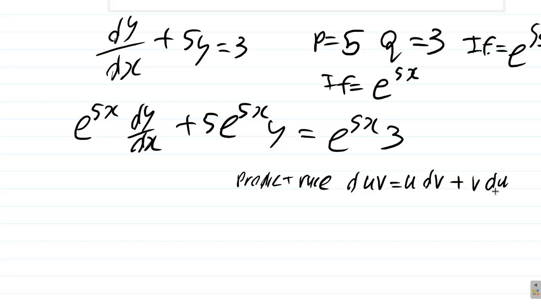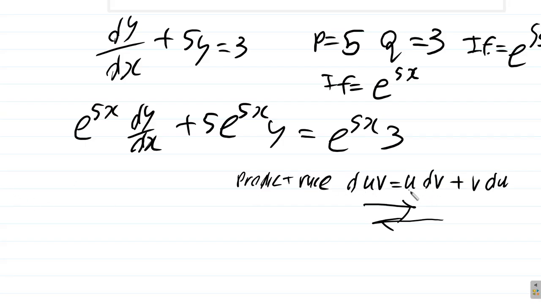Now, it means that if you go from here to here, you use the product rule, but going the other direction, you use the reverse product rule.